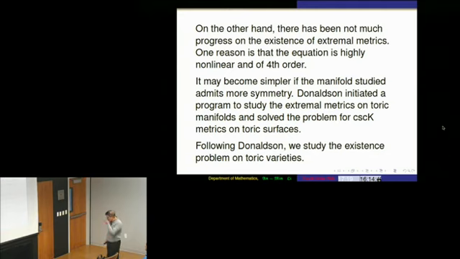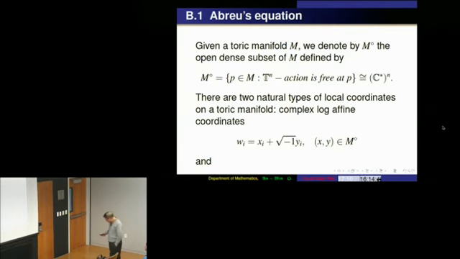So following Donaldson, we studied the existence problem on toric varieties, toric manifolds. We talk about the Abreu quotient. Given a toric manifold, we denote by M0 the open dense subset of M defined by this. So the point belongs to M0 if the T^n action is free at this point.